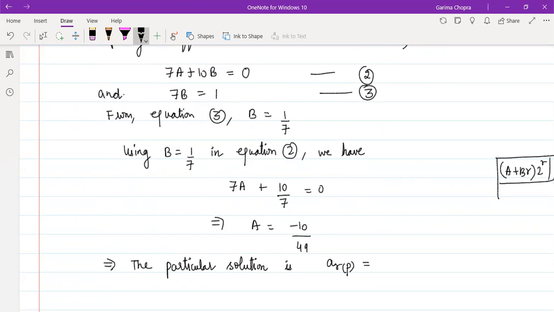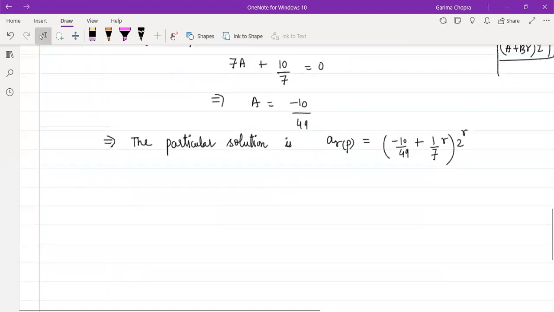Now if we put here A as minus 10 upon 49, it is minus 10 upon 49 plus B, B is here 1 by 7, r 2 raised to power r. So we have evaluated both the homogeneous solution and the particular solution.